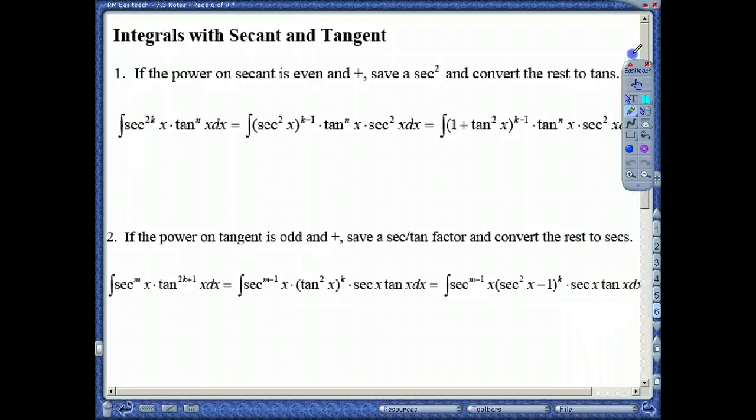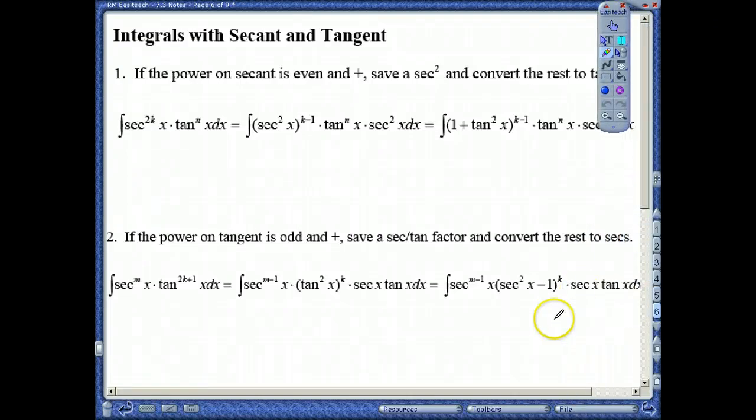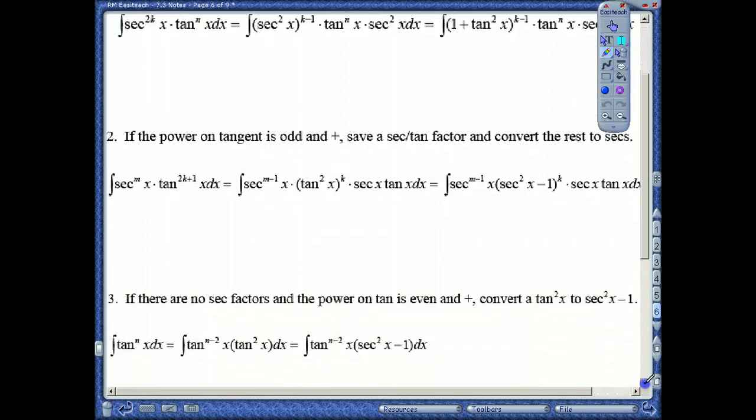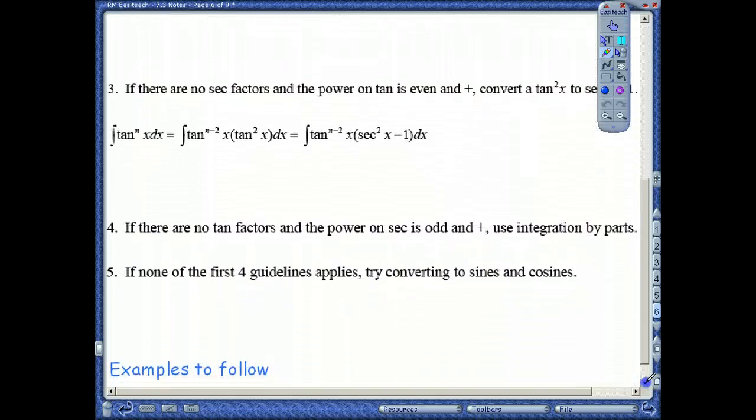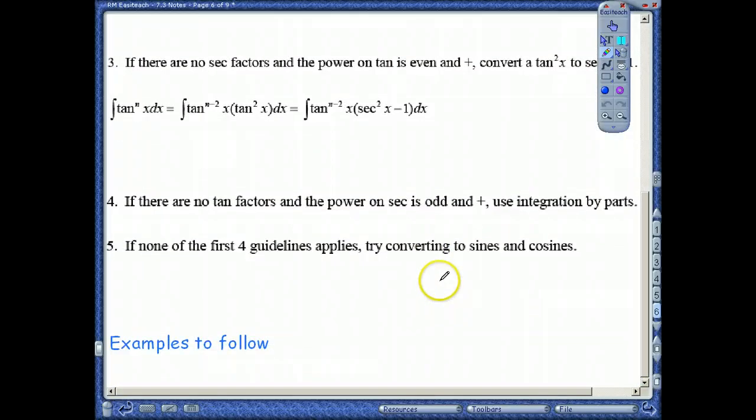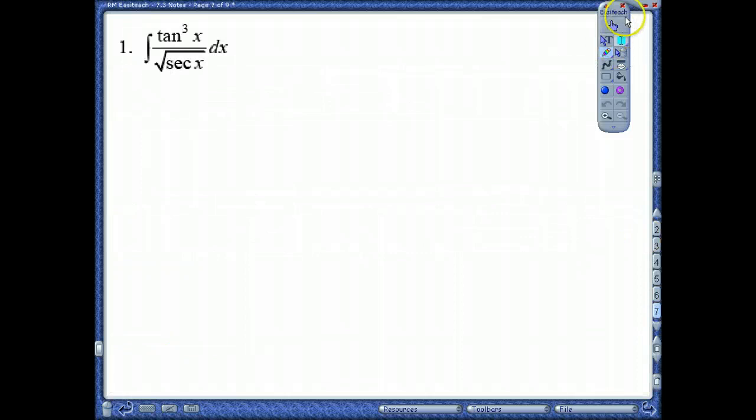I'll let you read through those notes so you know what to do if the power on secant is even and positive, if the power on tangent is odd and positive, etc. Note there are 2 additional factors. If there are no tangent factors and the power on secant is odd, you're going to have to use integration by parts. If none of the first 4 guidelines applies, try converting into sines and cosines. So secant and tangent might be just a little bit trickier.